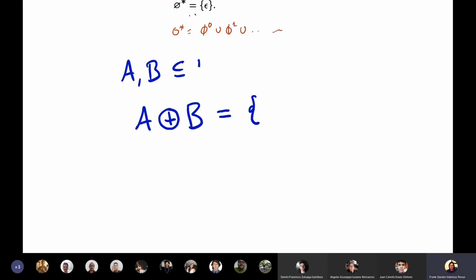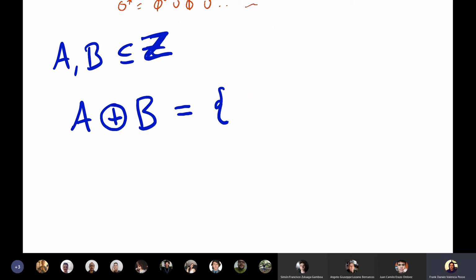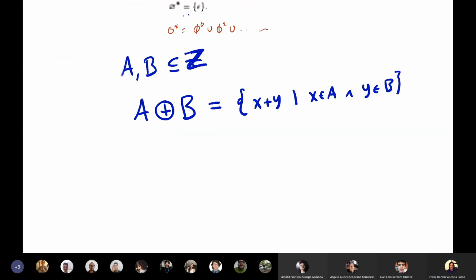It's not a set of strings, it's a set of numbers. Natural numbers if you wish. Or, let me put it like this, integers. So it is the set of all x plus y such that x is in A and y is in B. Any questions about that definition?